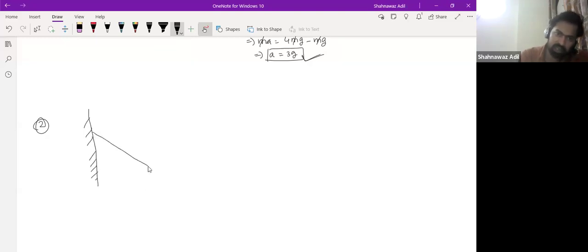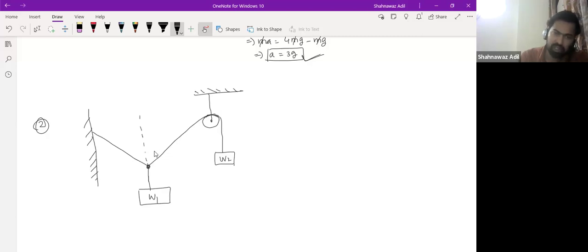And then you have this angle, and then you have some weight, downwards, W1, and then you have a pulley, and again the rigid wall, and then this is downwards. This is W2. And they have also given the value of these angles. So this was 37 degree, and this is 53 degree.